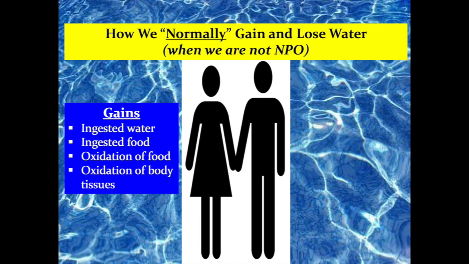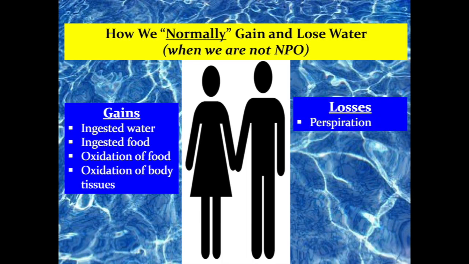The oxidation and the aging of body tissues. We're going to lose fluid by perspiration, breathing, respiration. If you've been in a cold climate and you've not gotten the heater working in your car yet, you can see the humidity that accumulates on the windows because the windows are so cold and they condense the fluid out of our breath. By urinating, we lose fluid.